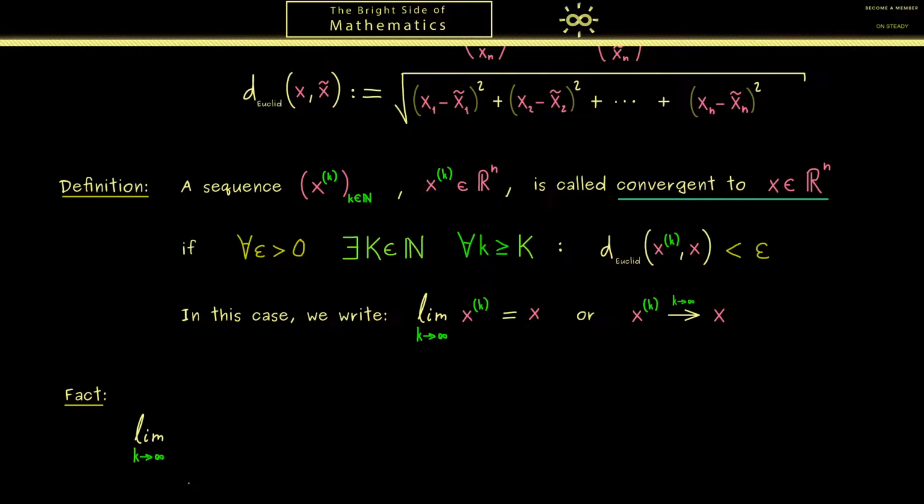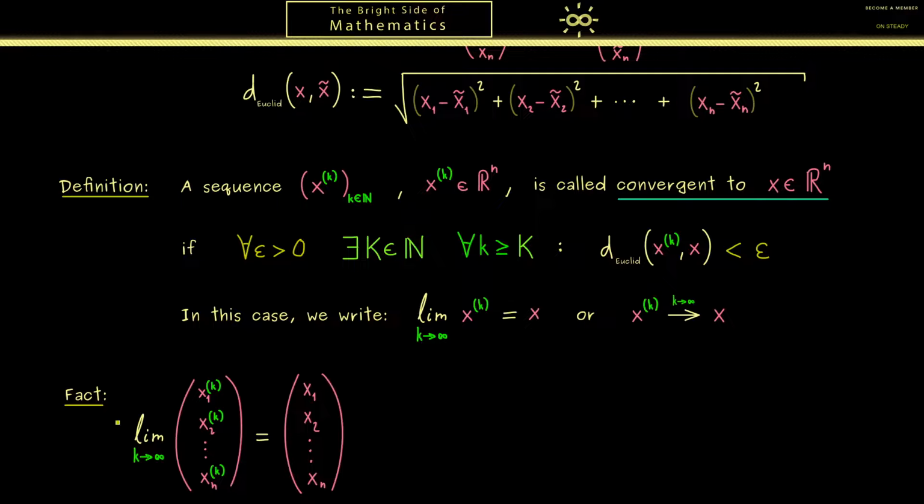More concretely, this new definition now tells us that we can write the limit of a vector. So if the sequence x^k is convergent, this vector goes to another vector. And now if we write it like this, the convergence is meant in the sense of the new definition from above. So the objects that converge are the vectors as a whole. In other words, writing the vector with components does not change anything.